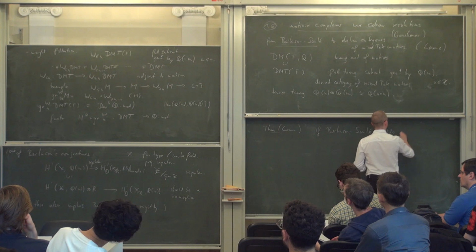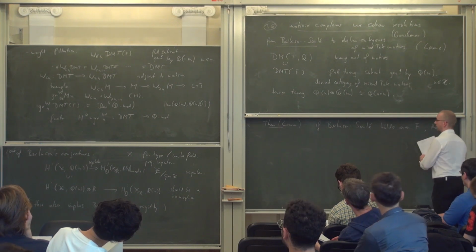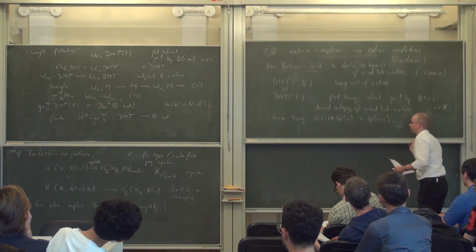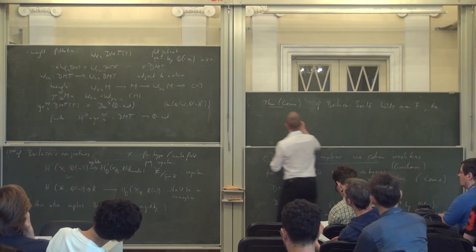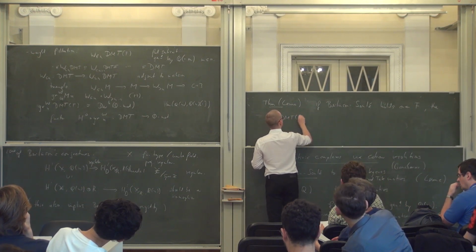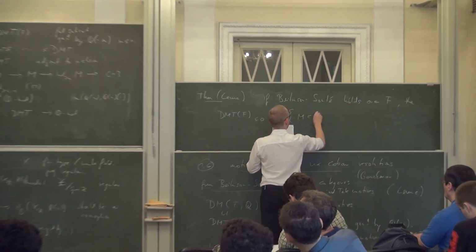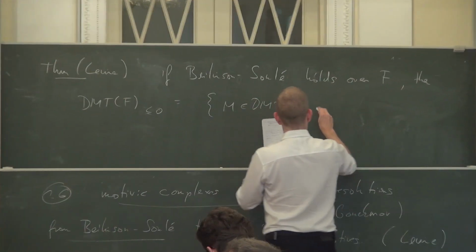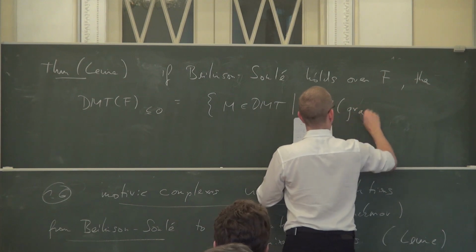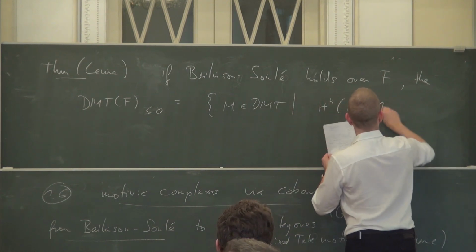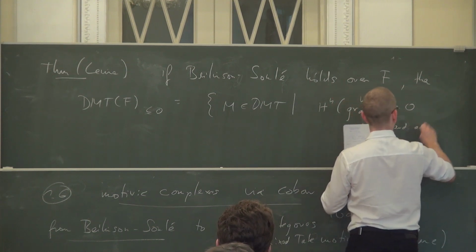So if Beilinson-Soulé holds over the field F, then we have two things here: DMT of F less or equal 0. This is those motives where H^n of GR^W_a of M is 0 for n greater than 0 and all a.